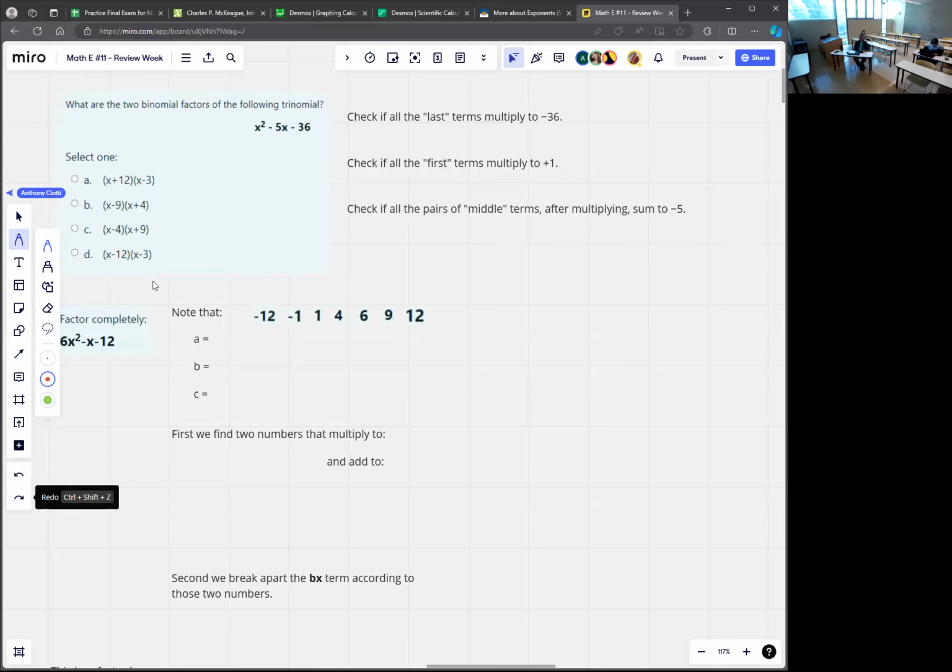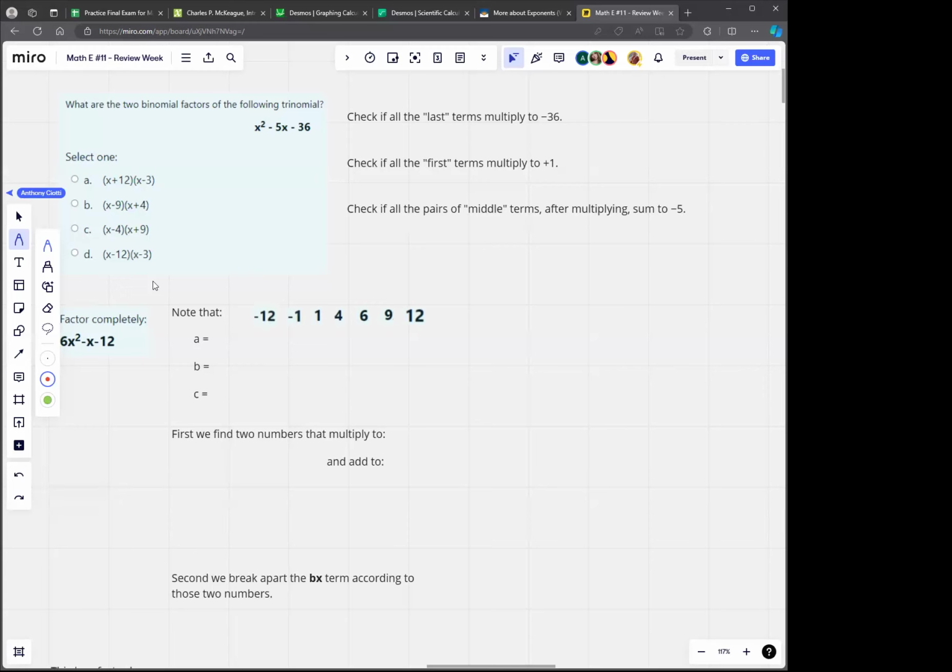They all work. Almost, one of them doesn't. C? D. D is a positive 36. Right, so that one doesn't work.